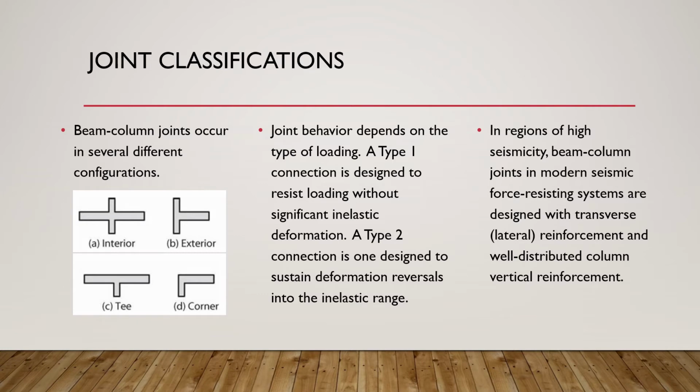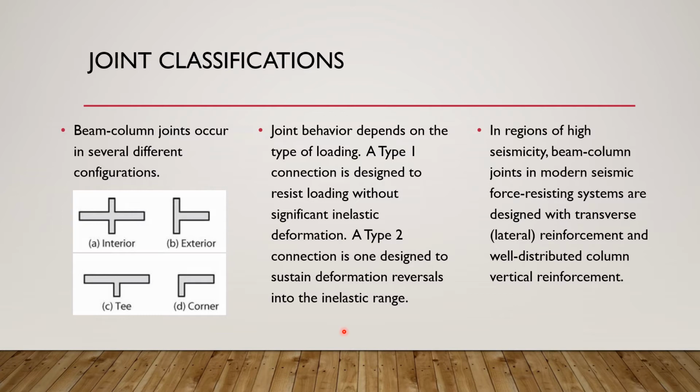Joint classification generally refers to these joints as interior, exterior, T, and corner connection, as you can see in this image. The second classification is that the reinforcing serves many roles, including confinement.